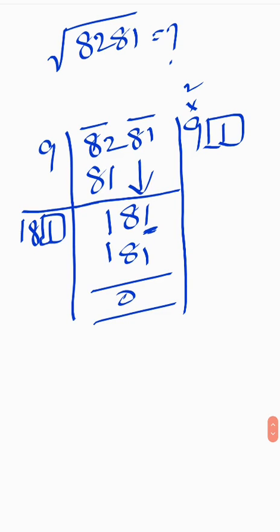When we take 1, we get the answer 181. So 91 is the square root of the given number. So this is the division method. I hope you understand well. Do more and more problems, and you can easily solve them using prime factorization and the division method. Thank you very much.